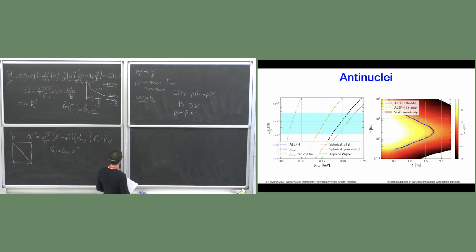The idea is actually extremely simple, and it's the following. If you take the secondary production of antideuteron, for example, here you have to satisfy baryon number conservation.